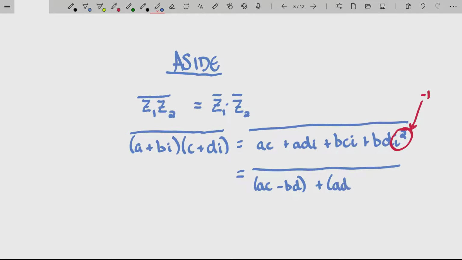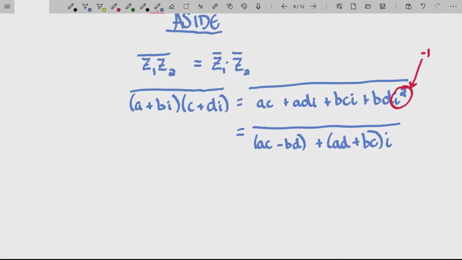And then plus (ad plus bc) times i. So I collected the stuff with the imaginary number together, and I collected the stuff without the imaginary number together. Now I will take the conjugate of this statement. This is going to be ac minus bd, and then minus (ad plus bc)i.